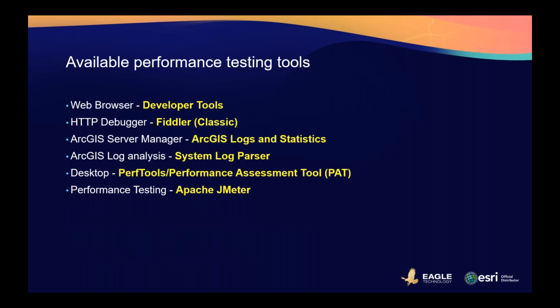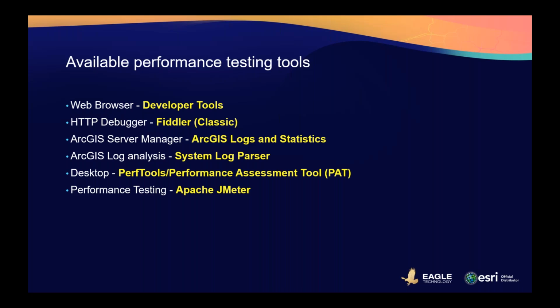Going on some of the available tests, Zorka has covered some of those. So in your developer tools, you have an option to identify what sort of services are being accessed and gives you a kind of indication of those response times in there. There's another application called Fiddler, which also is for monitoring your incoming and outgoing network traffic.